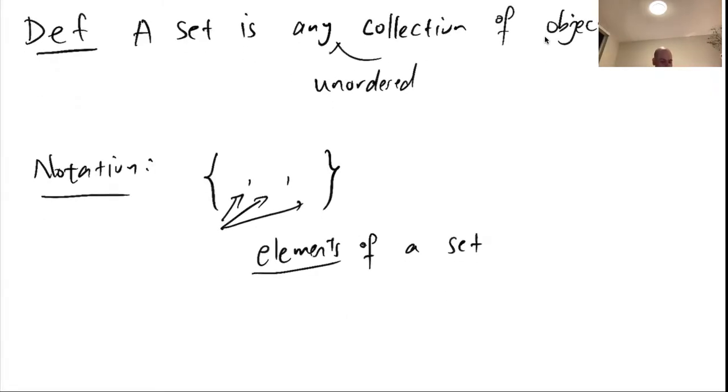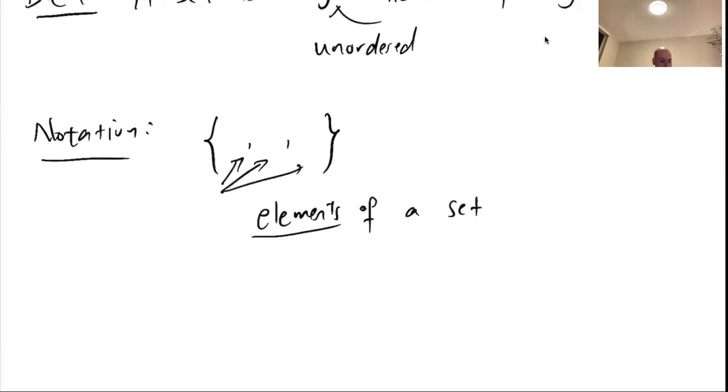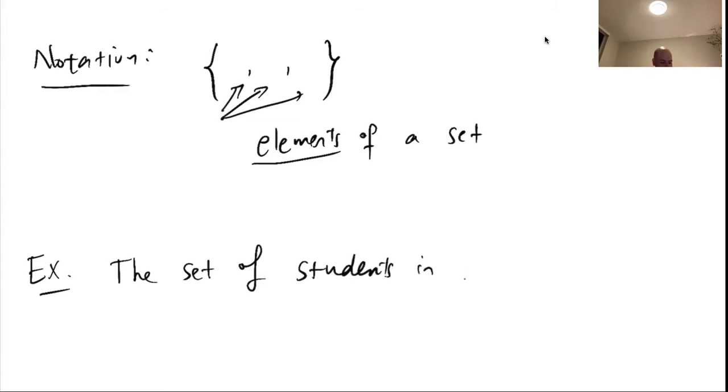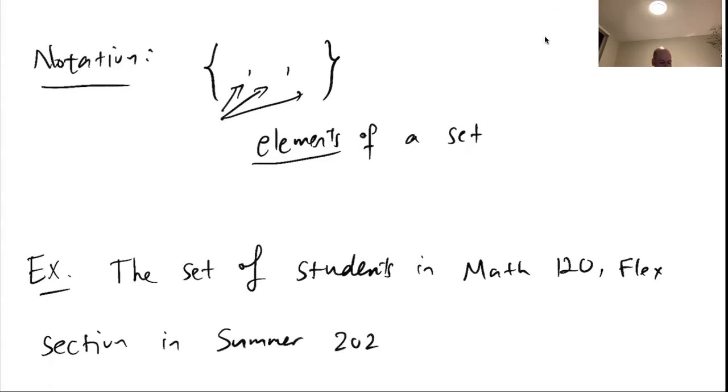And normally we use capital letters to denote sets. So capital A, capital B, capital C, right? So let's look at an example. Let's say we can talk about the set of students in math 120 flex section in summer 2021, right?